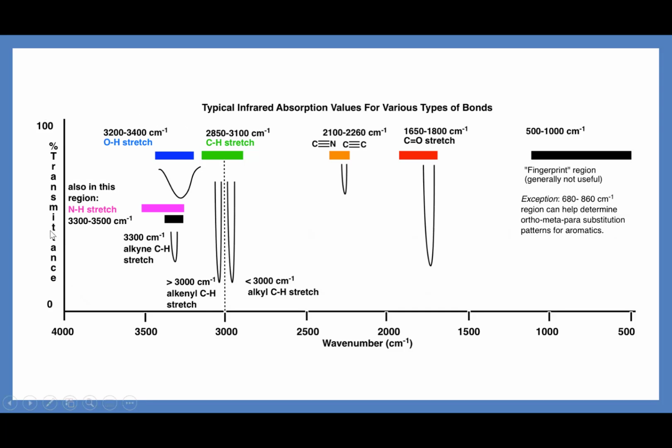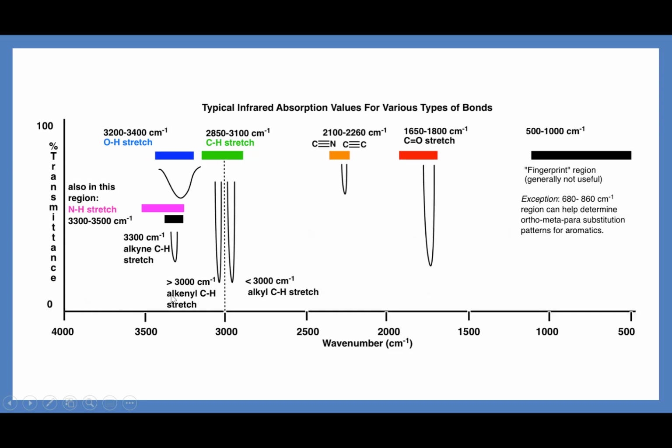Again, this is transmittance. If you have something with high transmittance, it means it wasn't absorbed by the sample. If you have 100% transmittance, that is equal to 0% absorbance. If you have something that absorbs a lot, so we have high absorption intensity, that means we're going to have low transmittance.